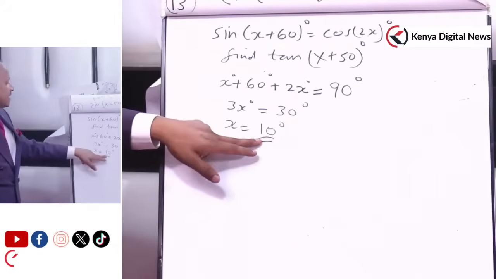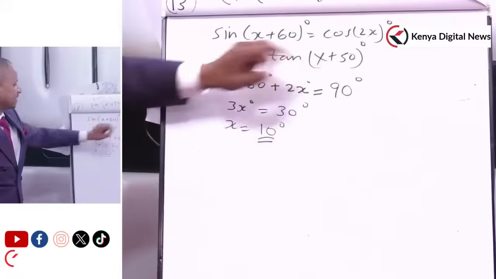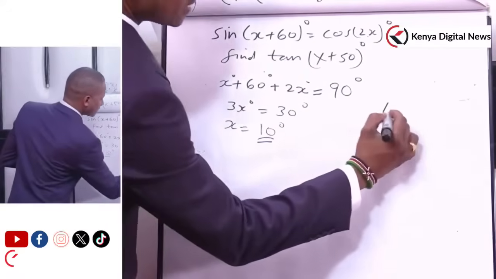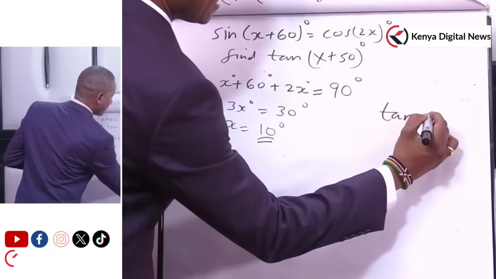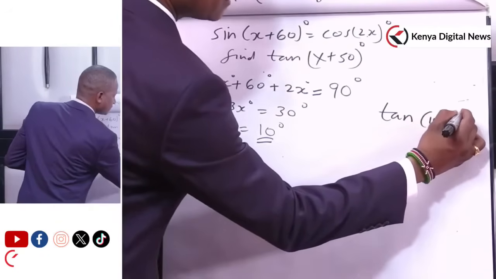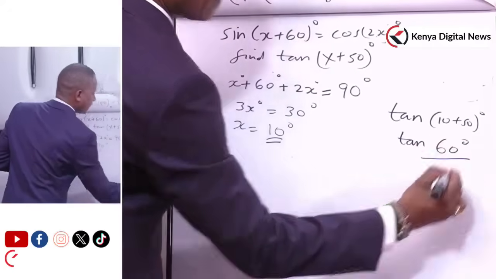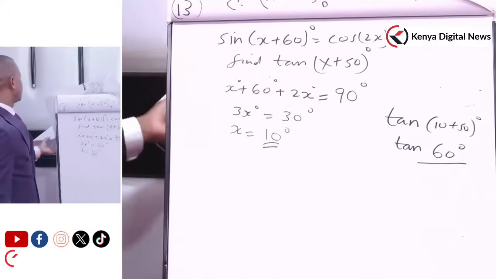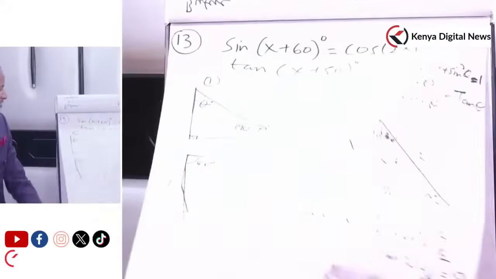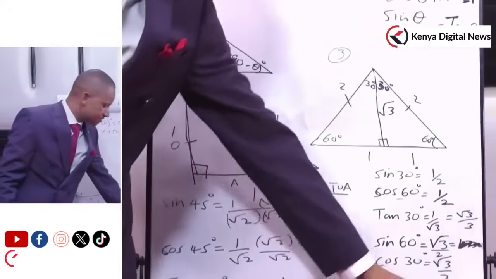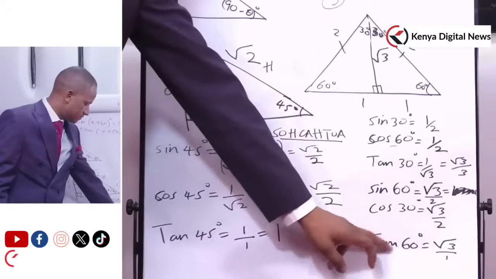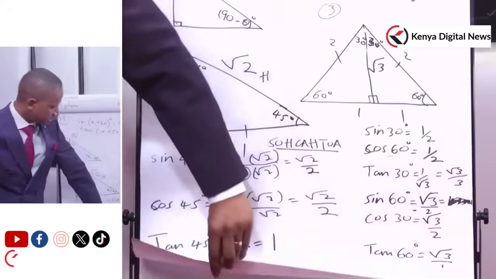So if x is 10, just replace x with 10 here. They want us to find tan of x plus 50, which is 10 plus 50, so tan 60 degrees. From our identity triangle, tan 60 degrees is root 3.